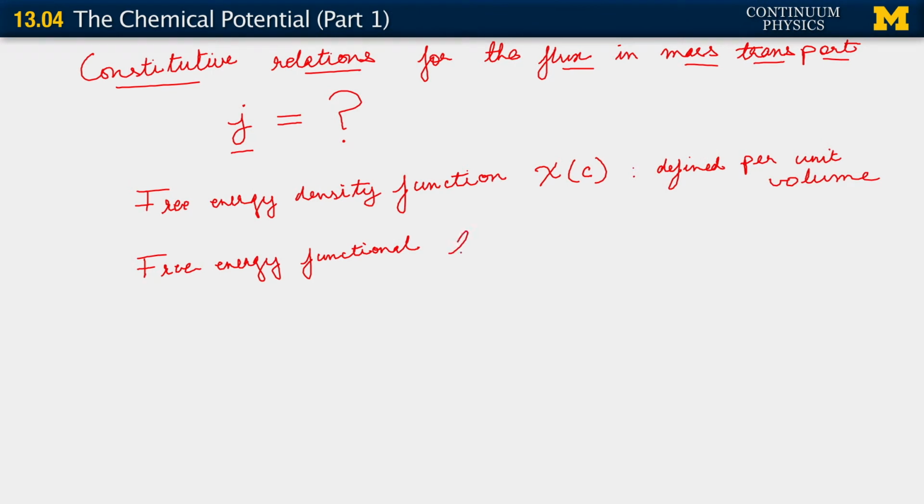Let us say for now that I'm going to call the free energy functional G. It's a functional of the concentration field, and it is defined as simply the integral over the volume of our free energy density function. As simple as that. So really we're talking here of the total free energy of the body of interest.